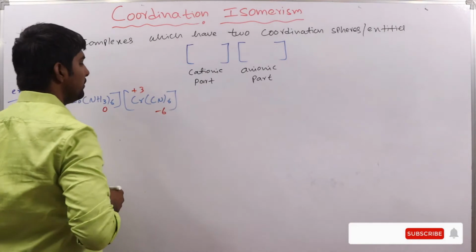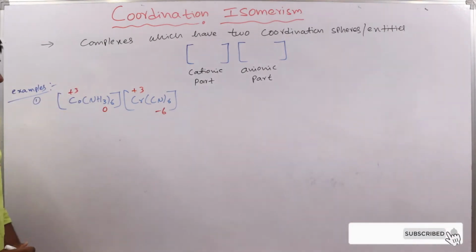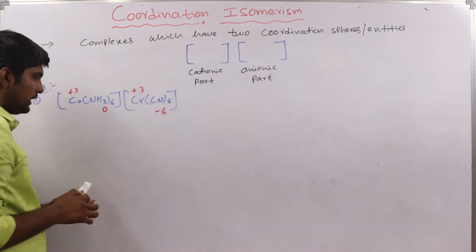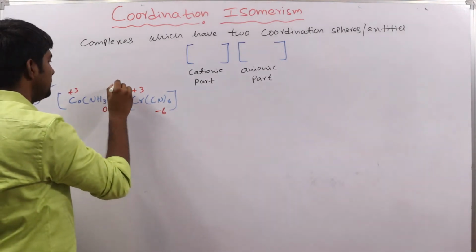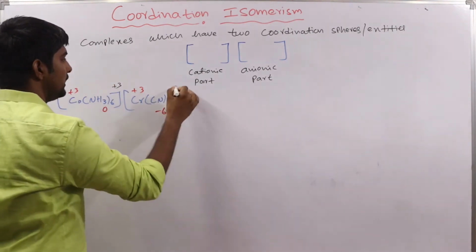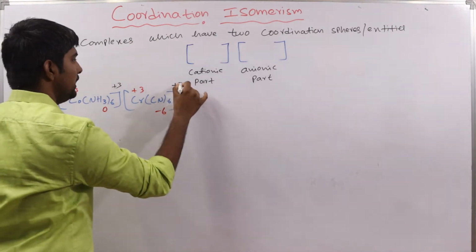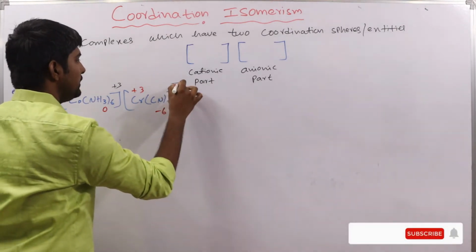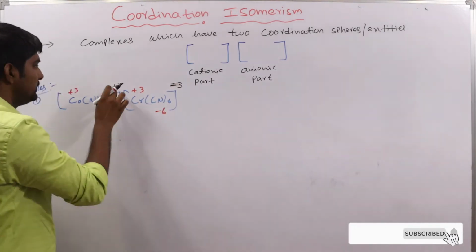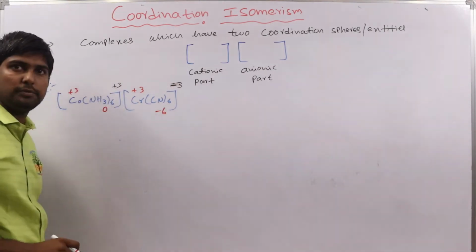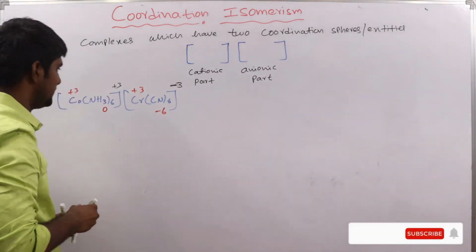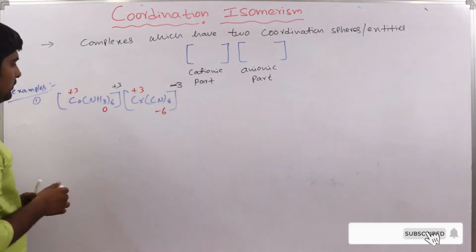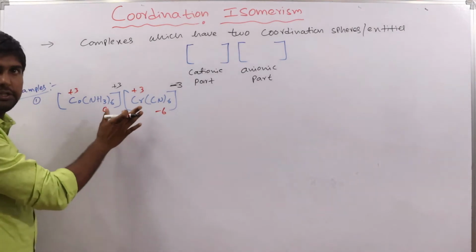So total 6 units of negative charge is present. Also, this coordination sphere has 3 units of positive charge and this coordination sphere has, sorry, 3 units of negative charge. This is the charge on the coordination sphere. All these basics we have already discussed in the introduction lecture. Now this is one complex which is given.